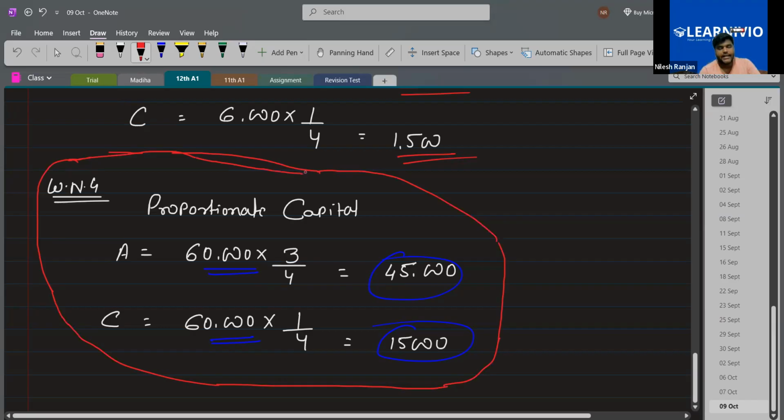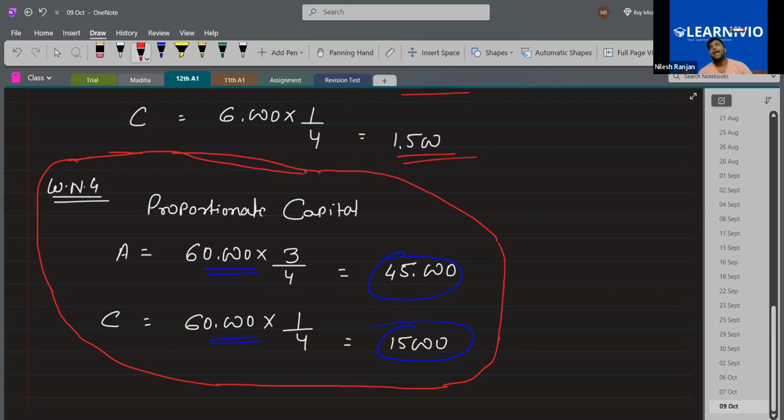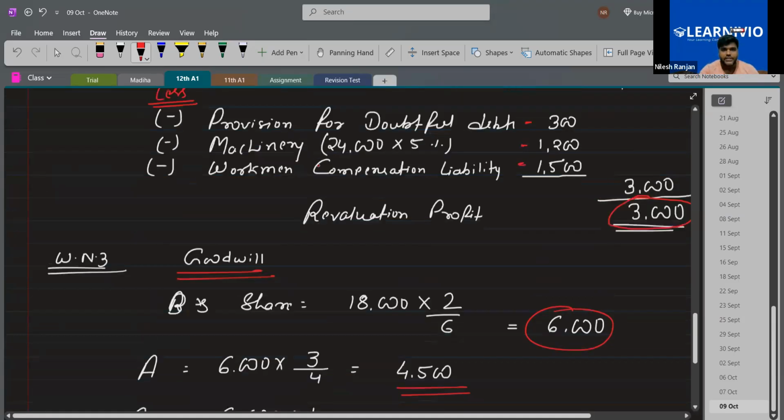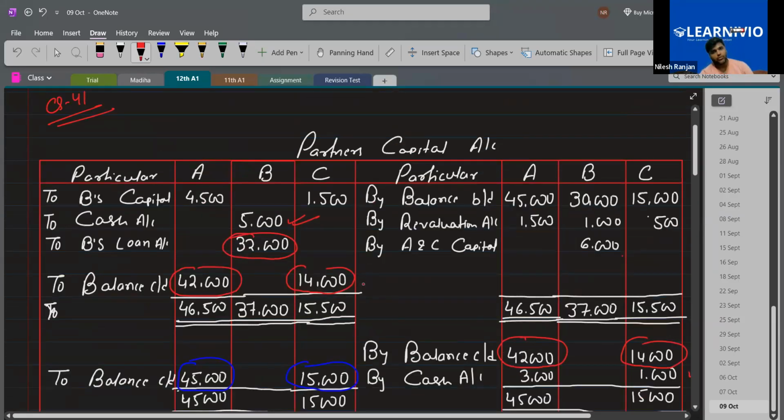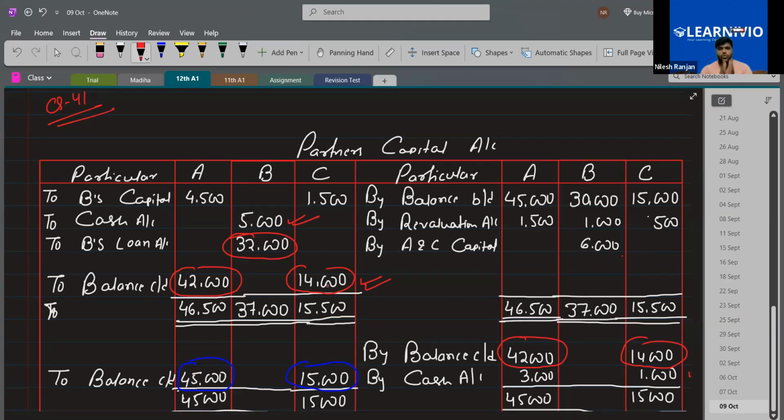Yes. In the second case, there is a second step where we have to calculate new capital. And how do we calculate new capital? On the basis of their adjusted capital. So it is already calculated, 42,000 and 14,000. The adjusted capital of the remaining partners, that is A and C, will be added to calculate the new capital of the firm.